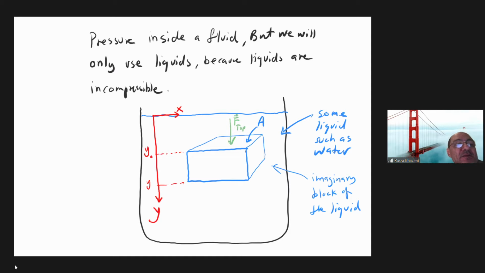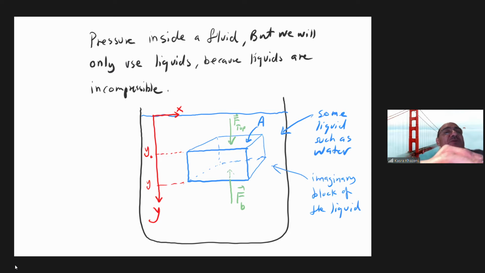And then there's also a force from the bottom that's pushing up on the bottom side of this box due to the pressure at that depth.